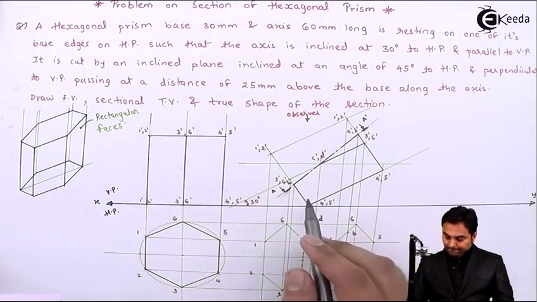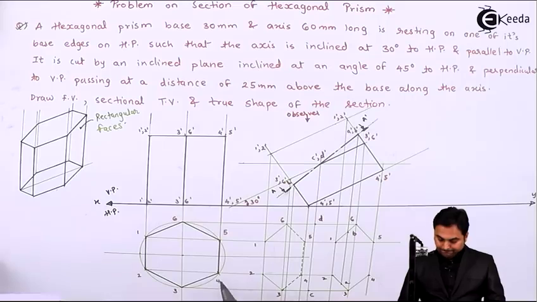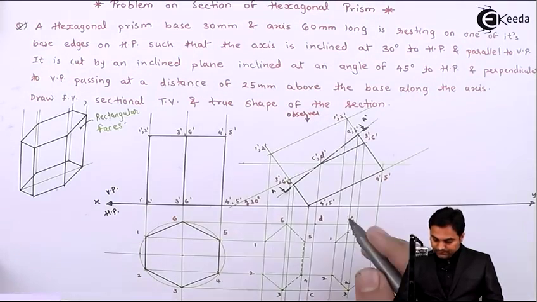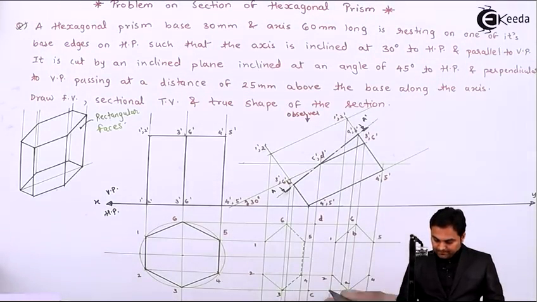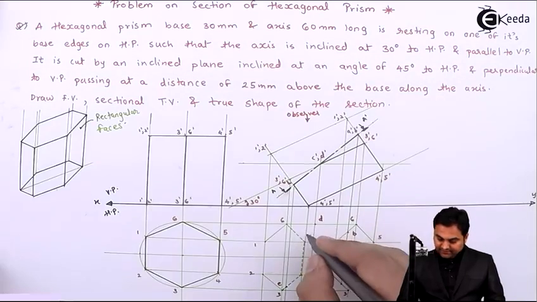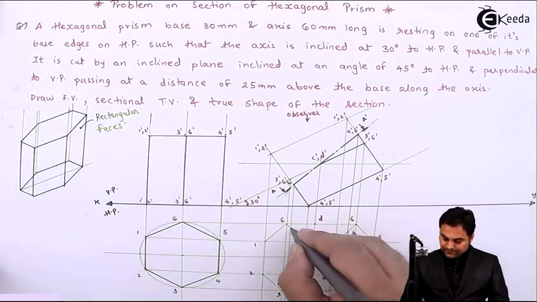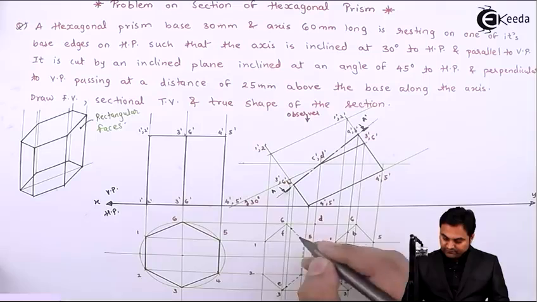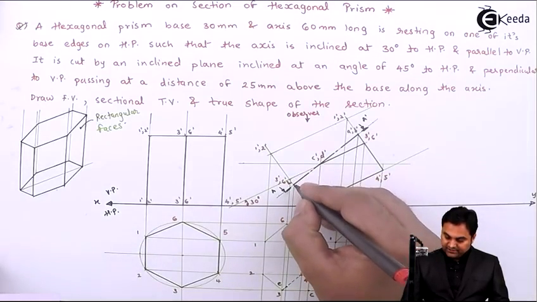Where it is cutting 3 and 4, I'll give that point as point E, and where it is cutting 5 and 6, I'll give that as F. So we have E dash and F dash here.